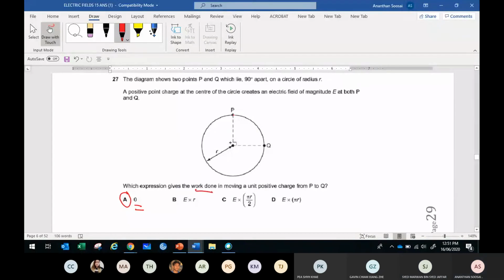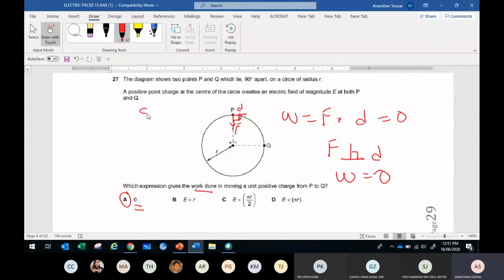The force will be downwards, but the displacement is 90 degrees. So the work done, force times distance traveled in the direction of force, is 0. The reason is force is perpendicular to the displacement. So work done must be 0. No work has been done.